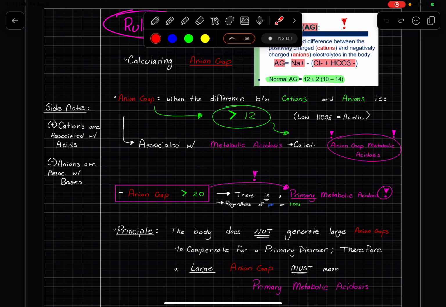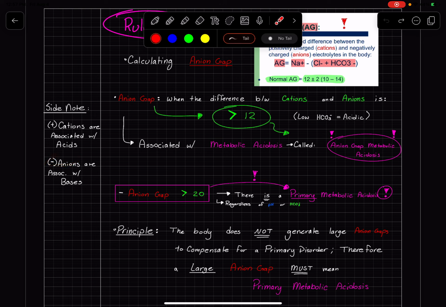Any value over 12 tells you that you're in a metabolic acidotic state, because that tells you that you have more sodium than you have base, or more sodium than you have anions. And sodium's a cation, so it's positive. I associate cations like sodium with acid, and I associate anions, so negatives, with bases.